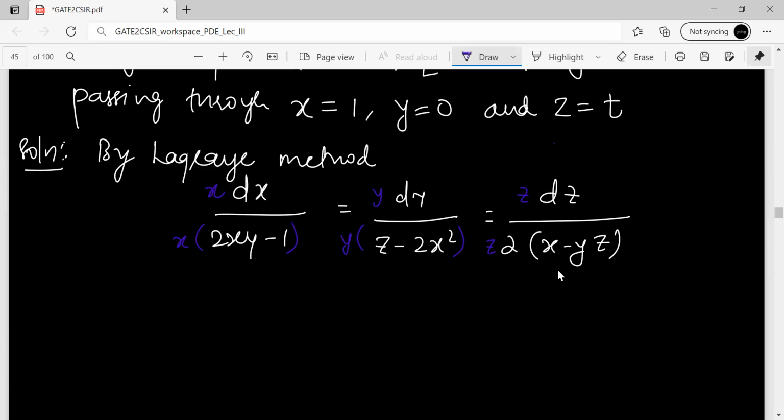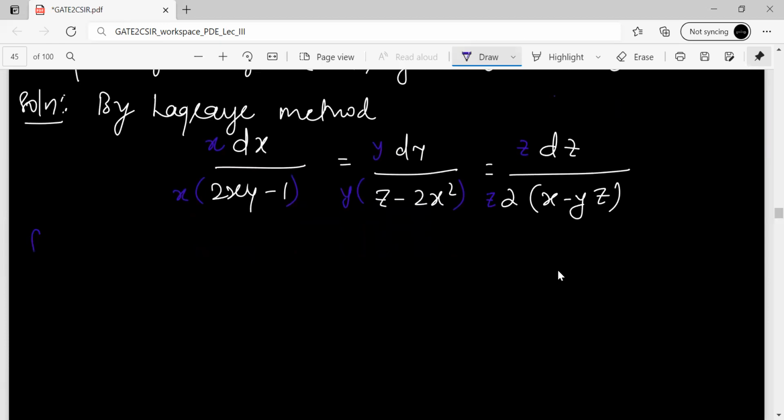Constant in the sense, this time function we have. So just check here that this works: 2x square y minus x plus yz minus 2x square y, and plus 2zx. No, I don't need 2x.